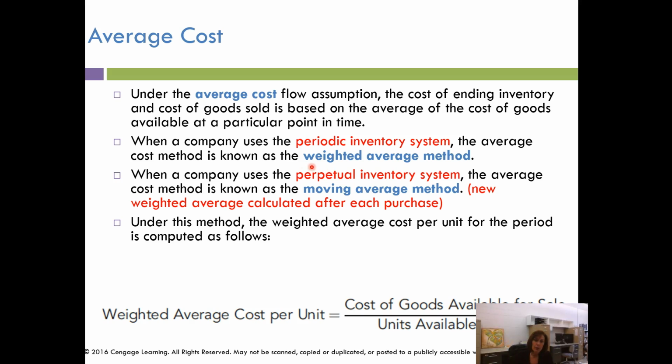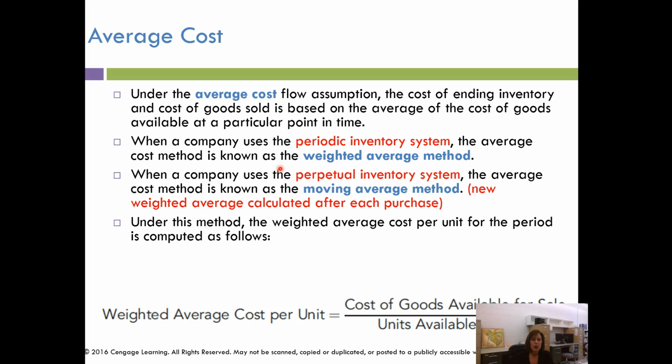On the other hand, if we're using a perpetual inventory system and we're tracking each unit as we're selling them when they go out the door, then every time we purchase a new batch, we're going to recalculate the weighted average. And so this is known as the moving average method.